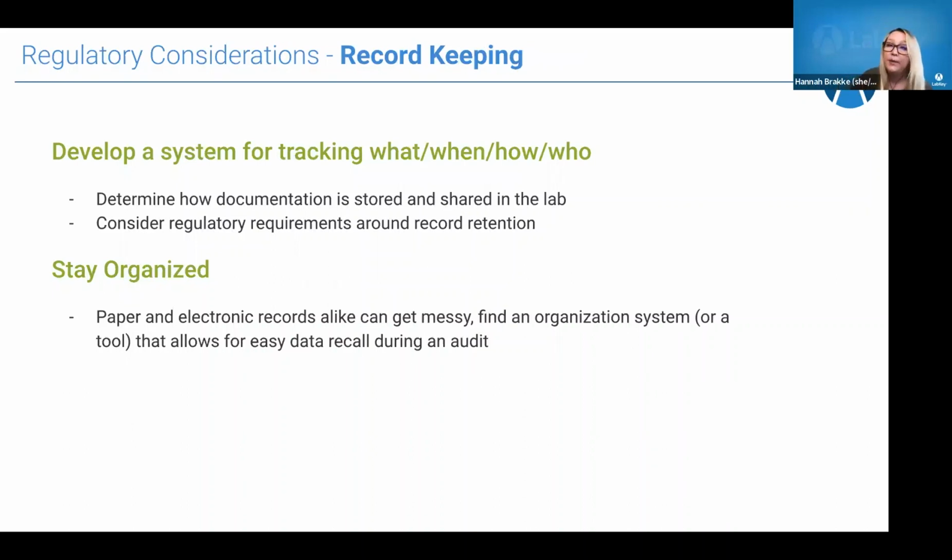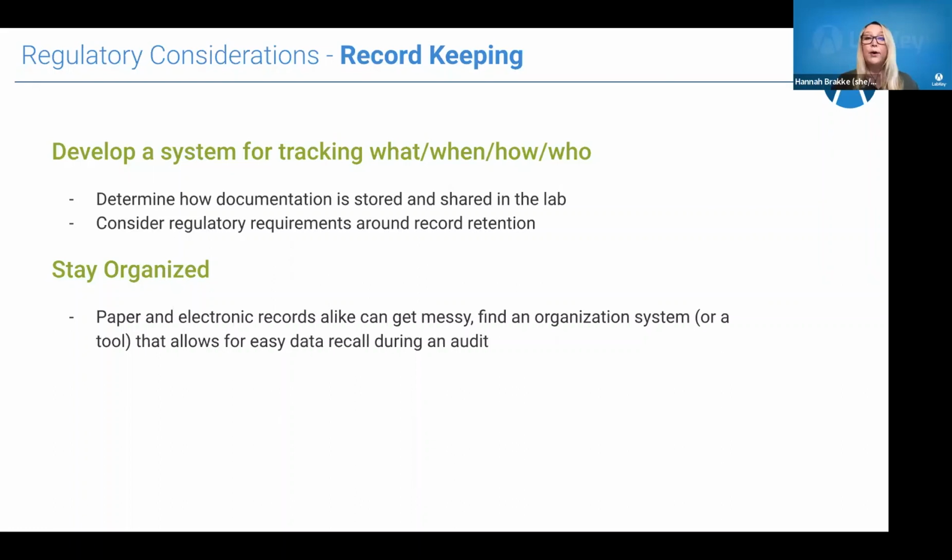So really developing a system for tracking that what, when, how, and who. This could be through an electronic lab notebook. It could be through a sample management system. It could be on paper. It could be in Excel, although that's not always desired. But really making sure that everybody is on board with how that documentation is both stored and shared in the lab.